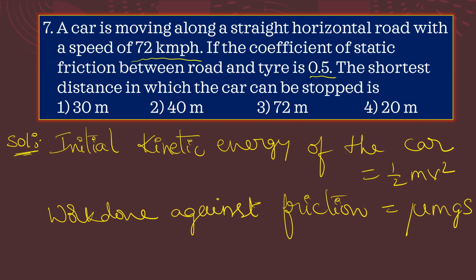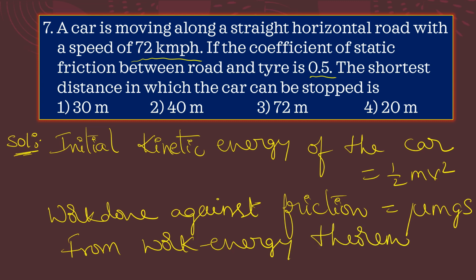Okay. From the work energy theorem, work done is equal to the initial kinetic energy. So this can be written as mu mgs is equal to half m v square. Here m gets cancelled.